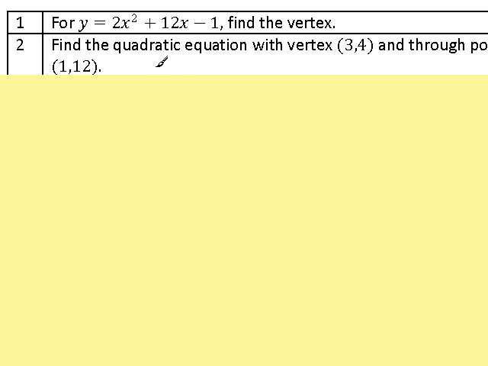And number 2, we want the quadratic equation with this vertex and through this point. So we're going to use the standard form that contains the vertex. Okay, so it looks as follows: a(x minus h) squared plus k, and the vertex is (h, k).